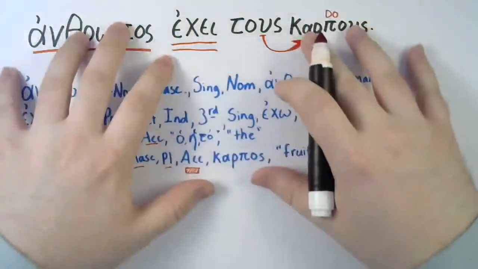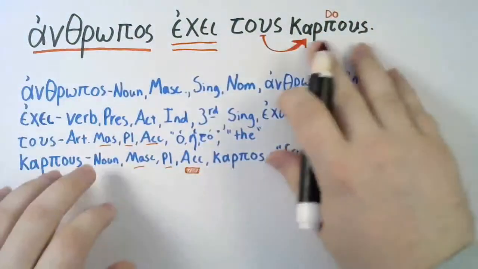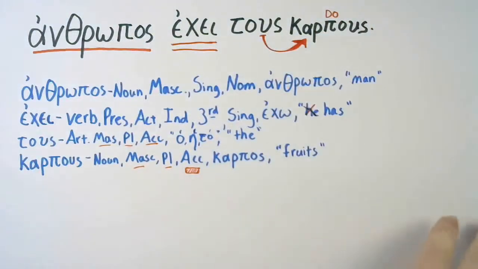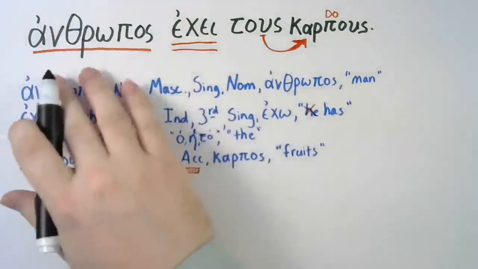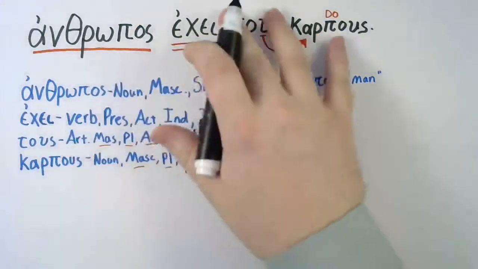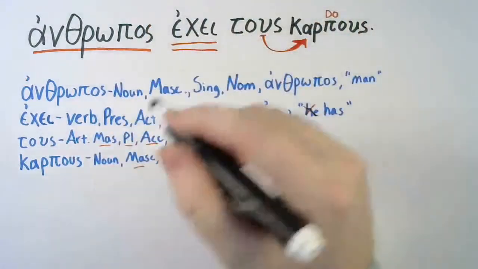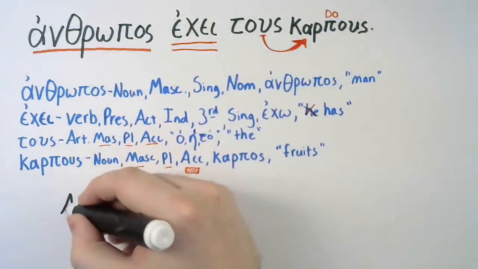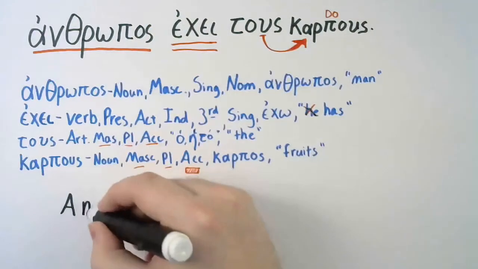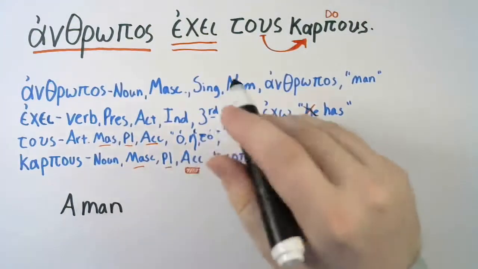So we're going to take all this information and we're going to do a translation. I'm going to choose a different color here. So translation, anthropos, an anarthrous noun, that is without the definite article, usually will, in English at least, get an indefinite. A man eke.